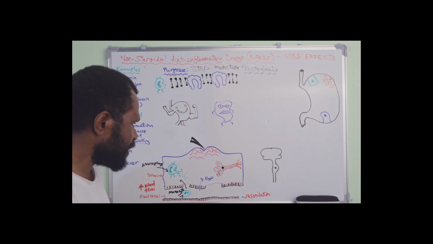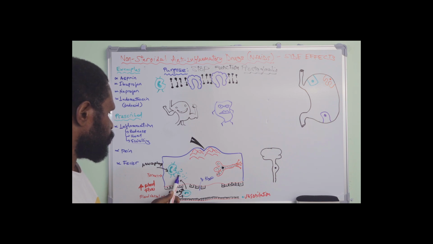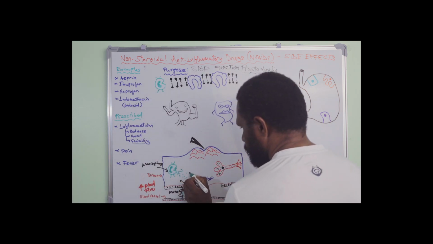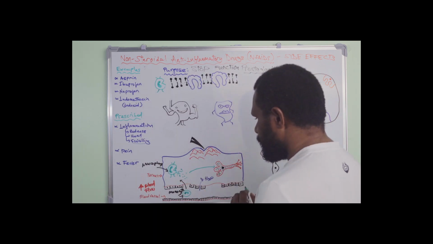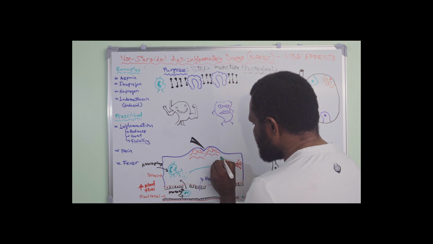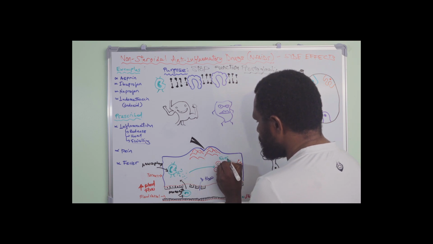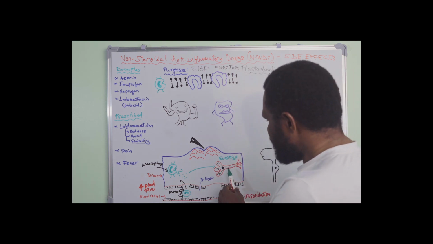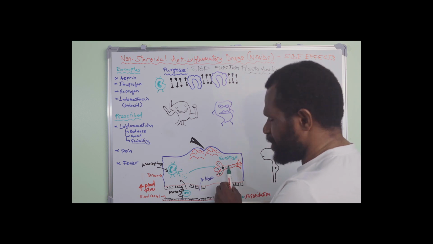Okay, what is another thing that prostaglandin will do? What happens is that they will come and then they will sensitize this structure here, this red structure here. What is this?